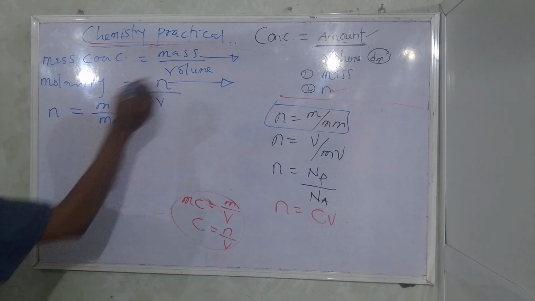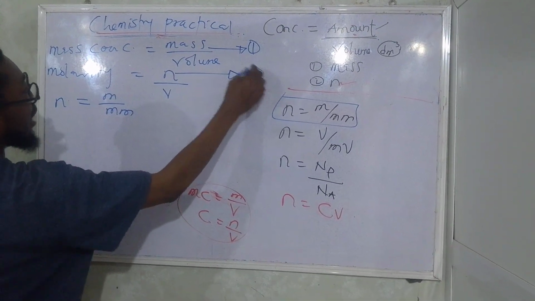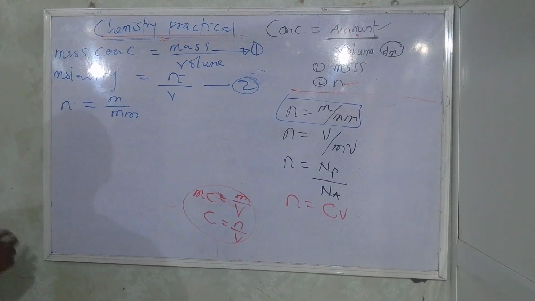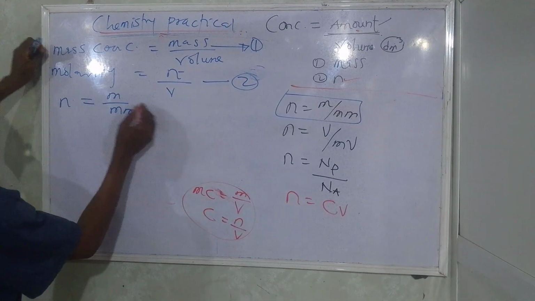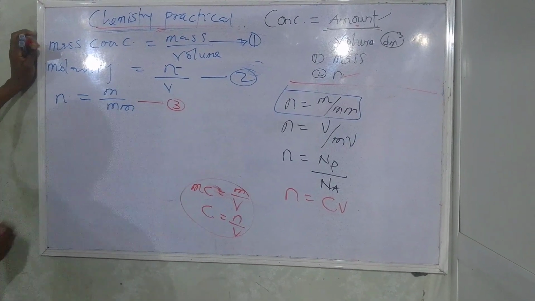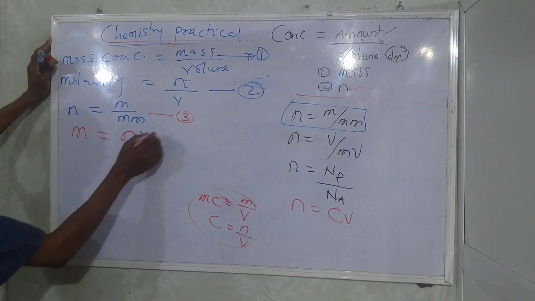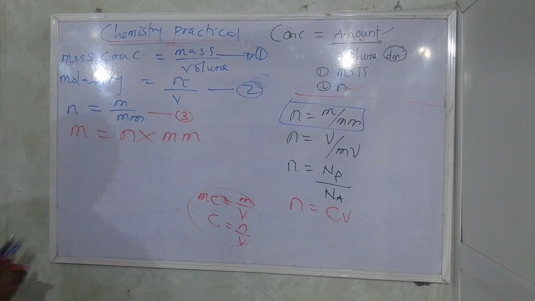What I want to do now, I label this equation 1 and I label this equation 2. Now, I call this one equation 3. And from equation 3, I make mass the subject of the formula. Mass will now be equal to number of mole times molar mass.